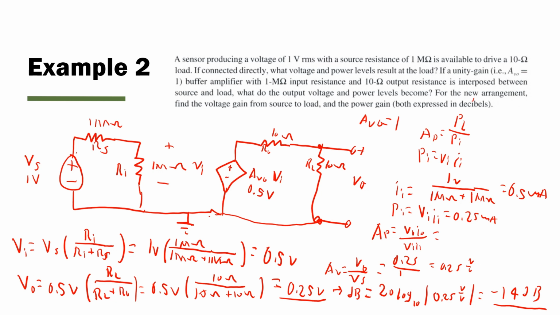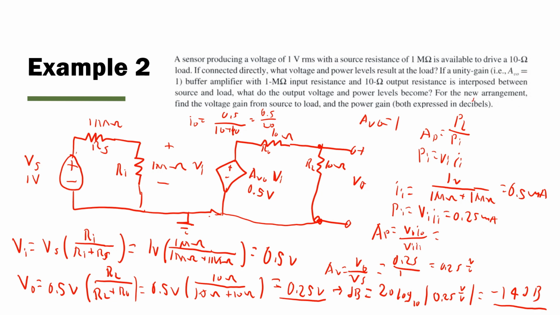You can calculate the output current the same way. That is just 0.5 divided by 10 plus 10, so 0.5 divided by 20.